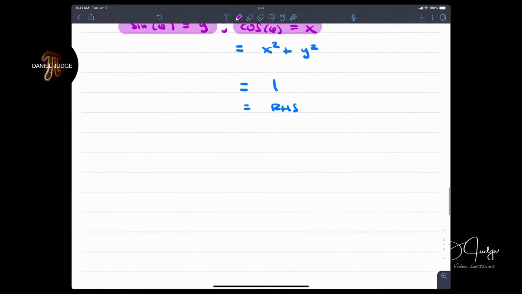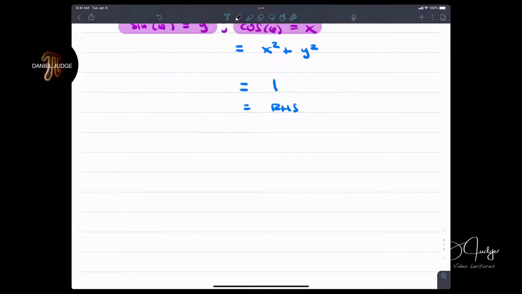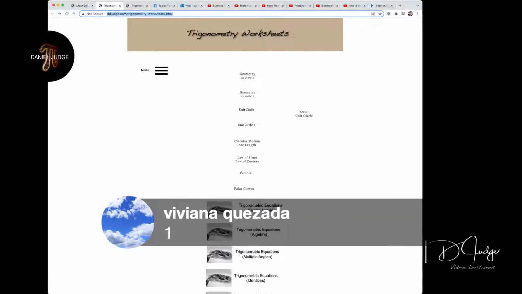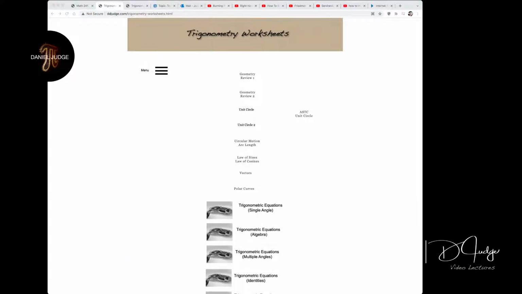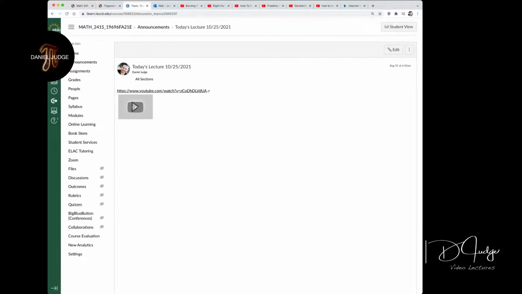Now, I want you to know something here, and I'm going to prove these as well. Let's go back to the browser here. This is not the only Pythagorean identity.